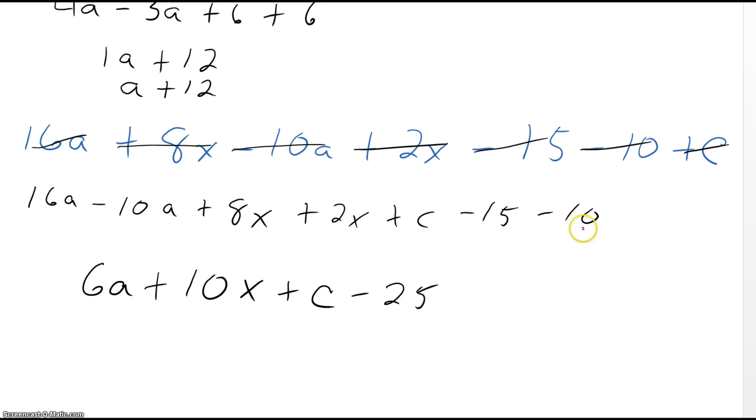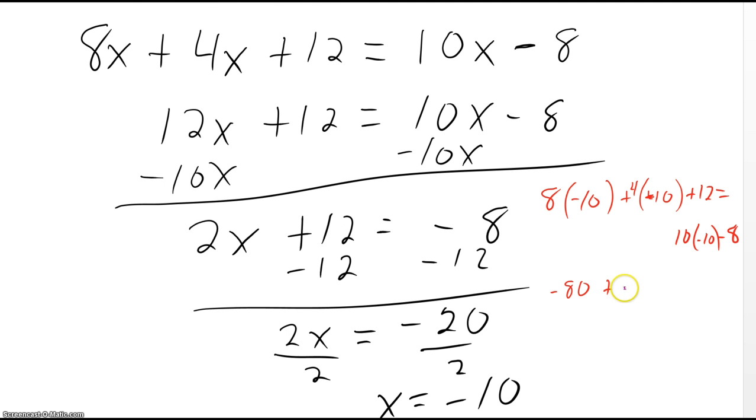8 times a negative 10 is a negative 80. And we're going to add a negative 40 and plus 12. And that should equal negative 100 minus 8.